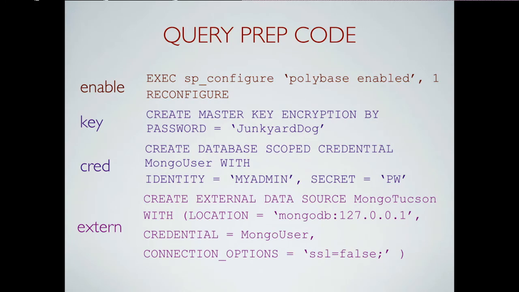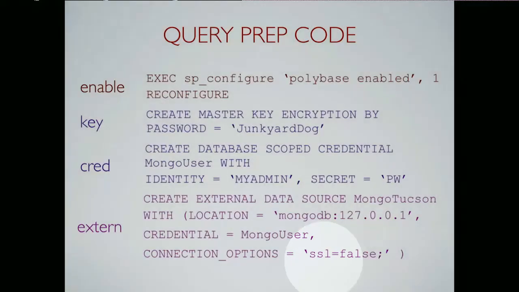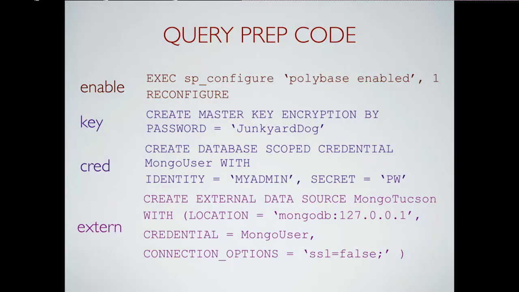And then the 127.0.0.1, that's localhost. In this particular case, I happen to have Mongo on my local machine, but it might be sitting externally somewhere, so I just give it an IP address. I give it a credential and tell it to use that credential. And SSL equals false is only if you're going to connect to a local Mongo and you don't want to use SSL. In my case, I didn't want to because it's on my machine. I don't really care.